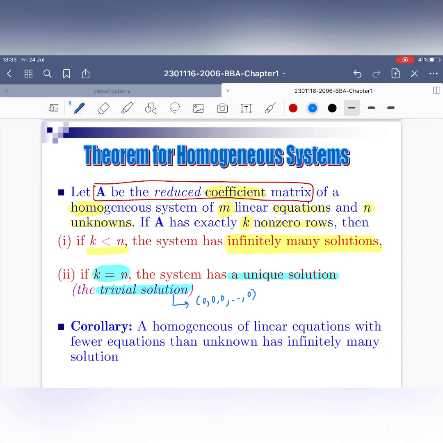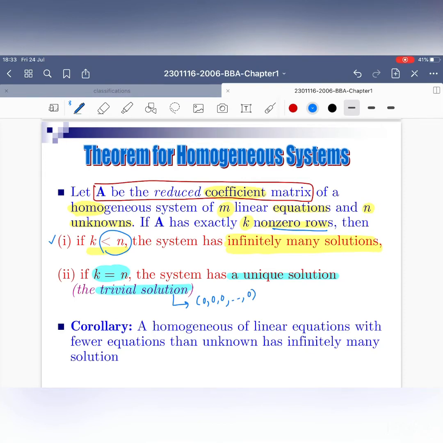So when does this happen? How can k be less than n, so that your number of non-zero rows is less than the number of unknowns?